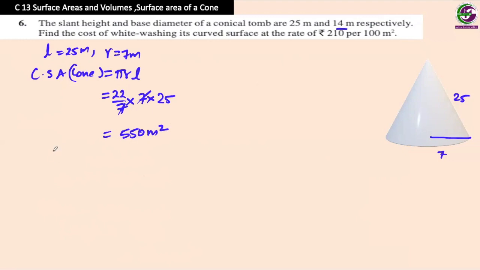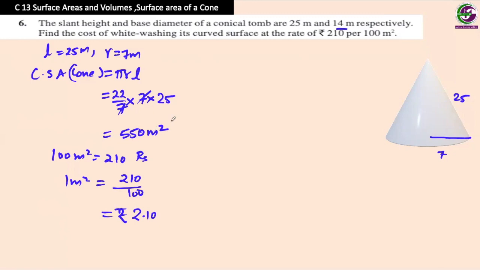We have 100 meter square is 210 rupees. So 1 meter square is 210 divided by 100, which is rupees 2.10. This is for 1 meter square.